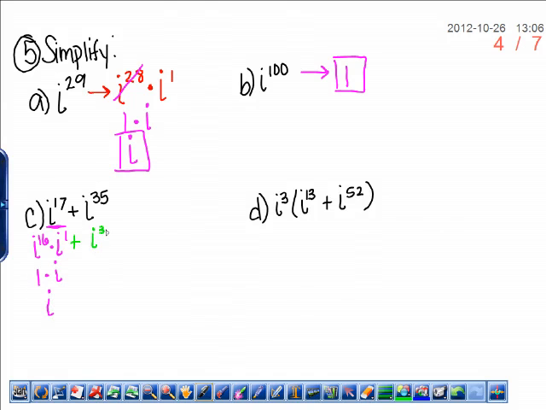So i to the 32nd times i to the 3rd. i to the 32nd becomes 1 times i cubed. Look back at your chart. Negative i. What is 1 times negative i? Negative i. So we have i plus negative i, which is 0. Because look how it started. Okay? All right.